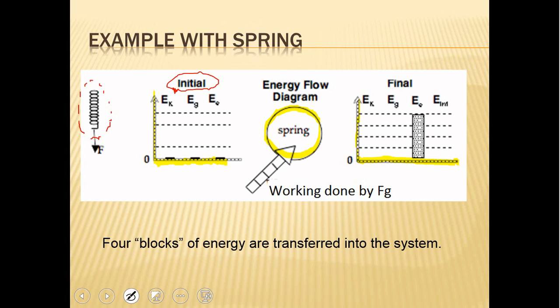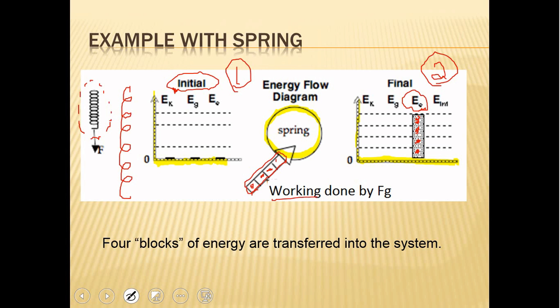At the end, I'll skip the middle step, when my spring is all stretched out, we know that it has elastic energy. So where does it come from? Well, that's where we get the idea of working. Notice here I have 4 bars: 1, 2, 3, 4. So we have to account for 4 coming in, and identify my agent.